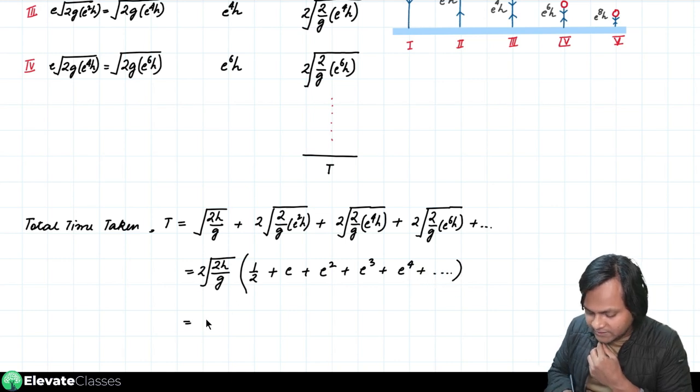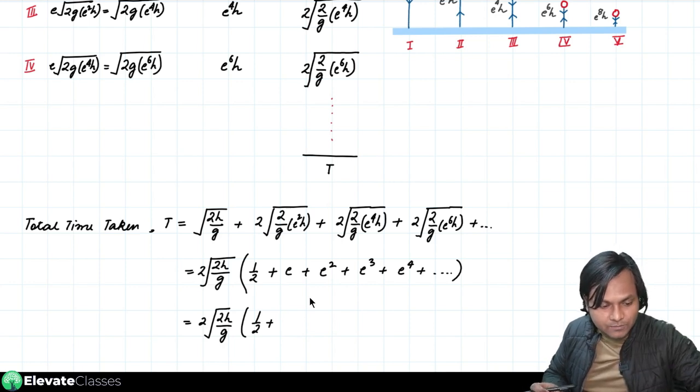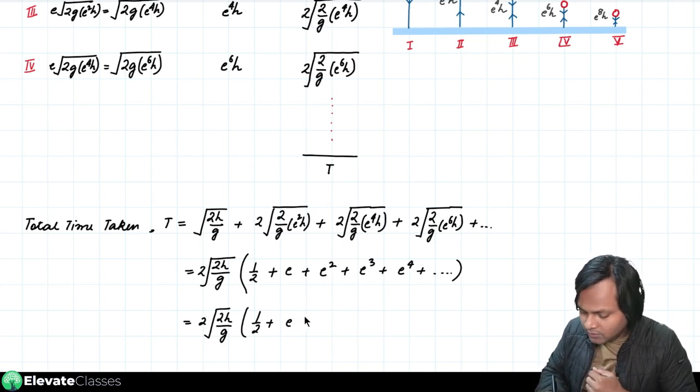An infinite series. And then again, if I simplify this, this will become half plus, I'll just keep e here as a common, and this becomes 1 plus e square plus e cube plus on and on.